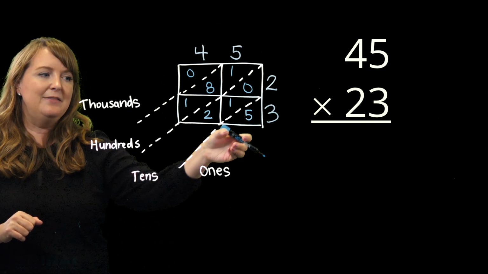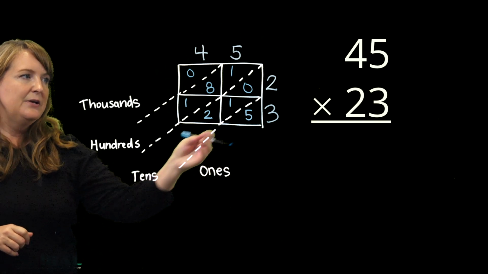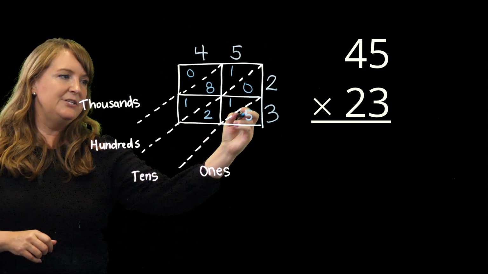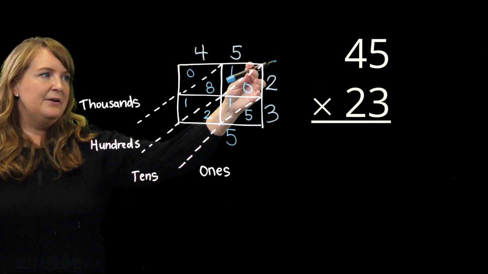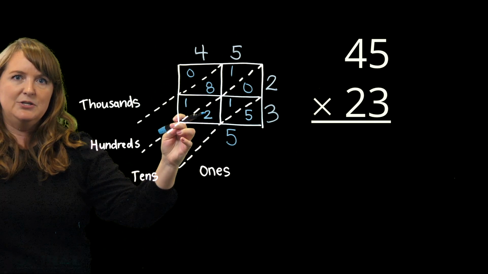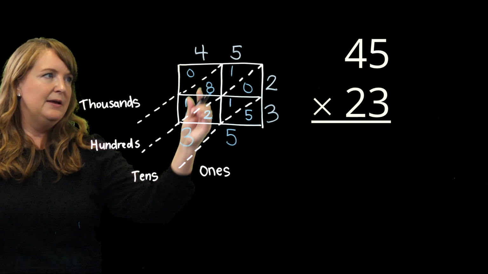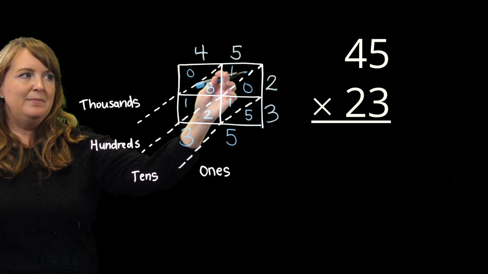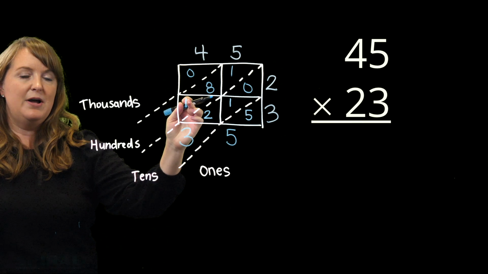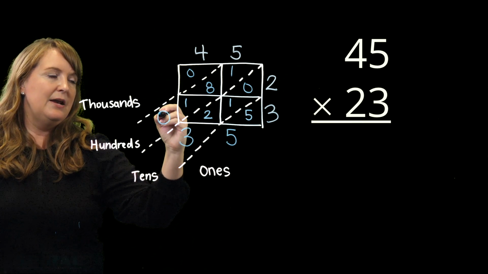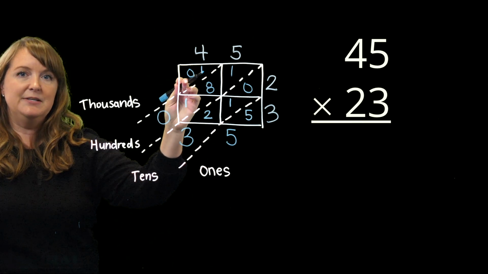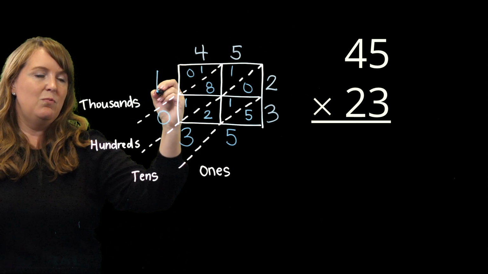Now I'm going to add the numbers that are in the lattices. Here in this lattice right here, I just have 5. Here in this lattice, I have 0, 1, and 2. 0 plus 1 plus 2 is 3. Here in this lattice, I have 1 plus 8, that's 9, plus another 1, that would be 10. And I would group the 1 to the thousands place. 1 plus 0 is 1.